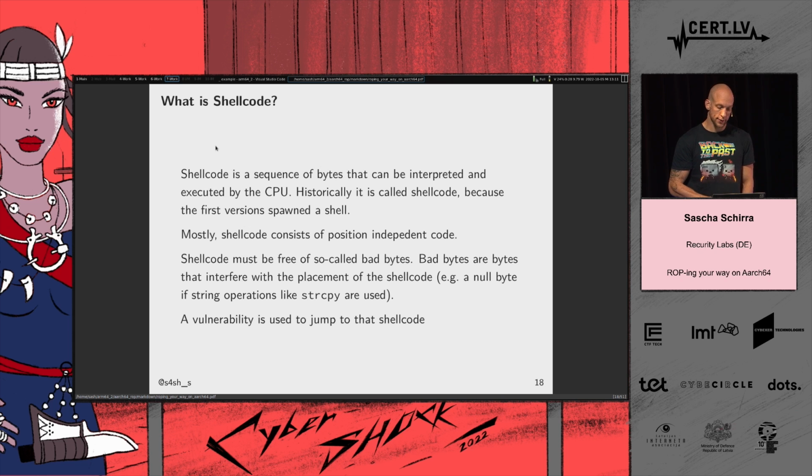Shellcode is the CPU instructions, which are mostly position independent, and the hex values of those instructions are placed on the stack or on the heap.